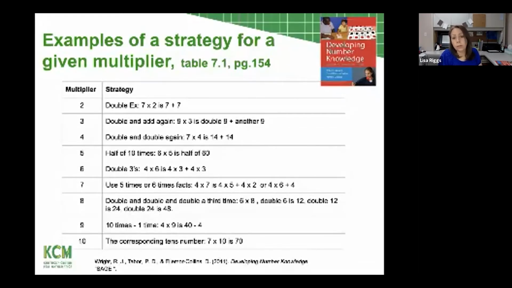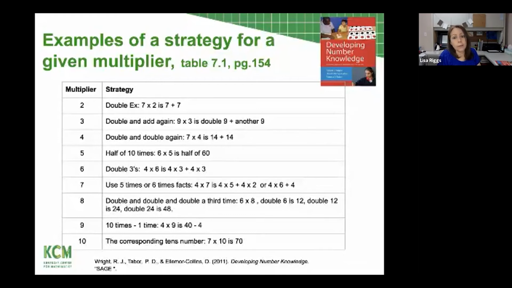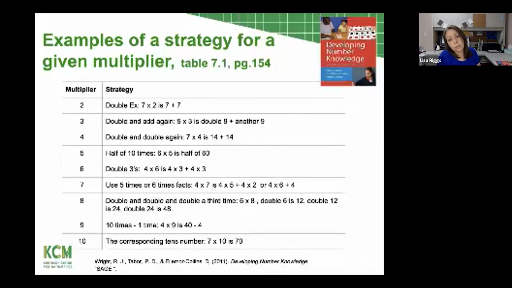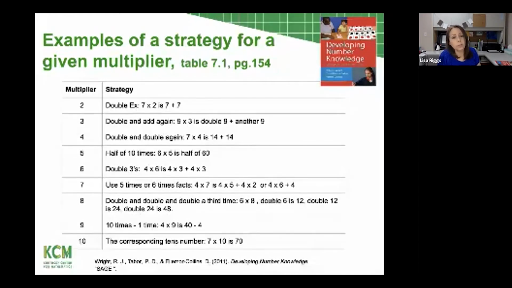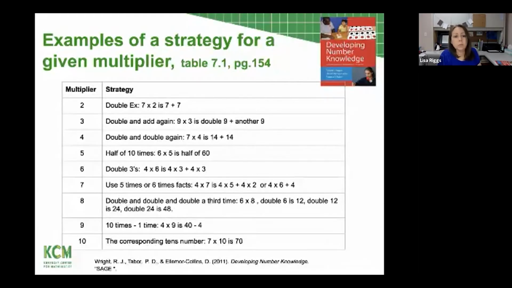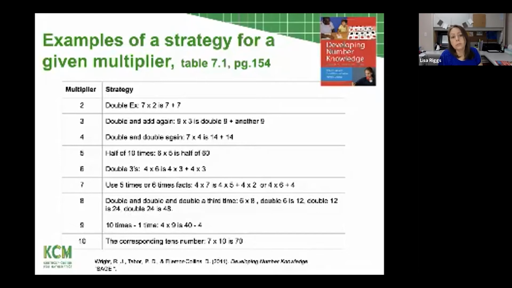And if I put those together, then I know my answer is 28. Or if they know their 6s, oh, well, I can think 4 times 6 is 24, and then another group of 4 makes 28.